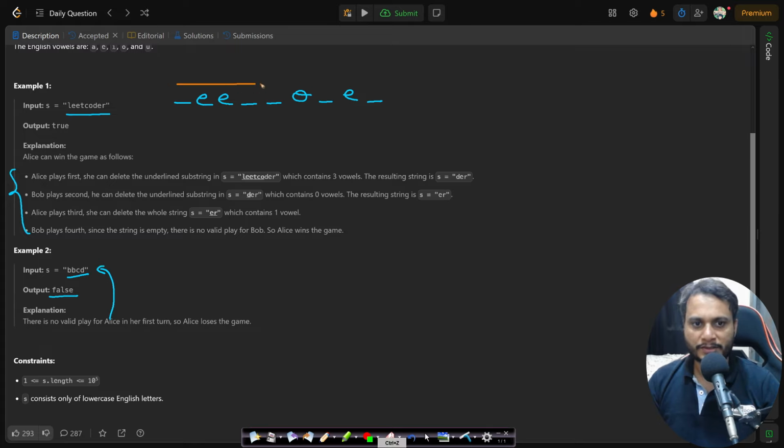So she can pick a substring with all the 3 vowels and only one vowel will be left. And since Bob has to pick an even number of vowels, which should not be 0, it should be greater than 0, the minimum vowel pick must be 2 for Bob. But since Bob is just left with one vowel, he cannot pick and Bob will lose in this case, right? And that is why Alice is winning this round.